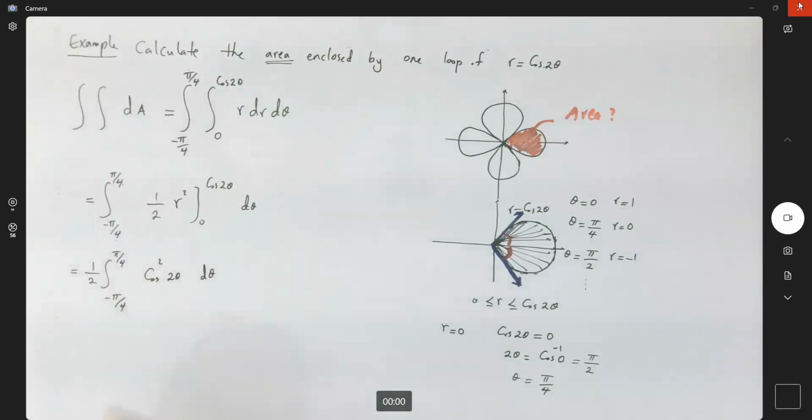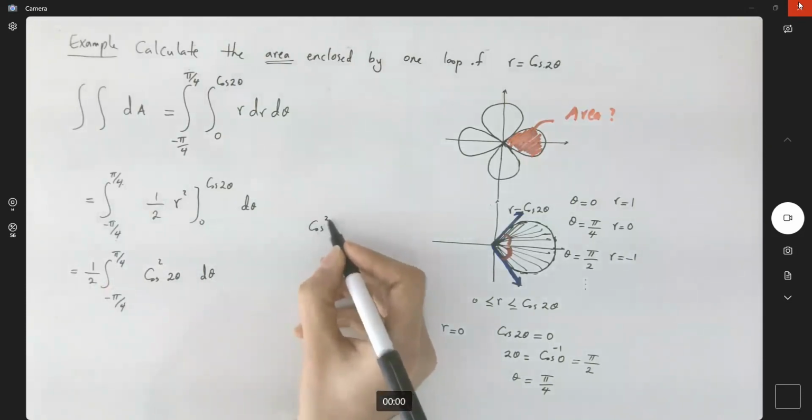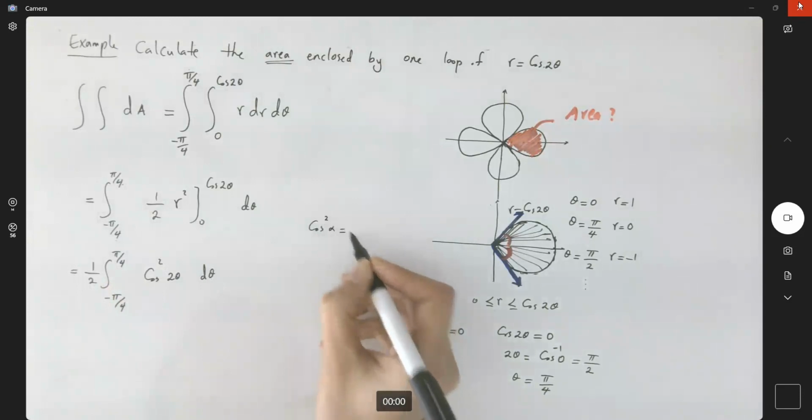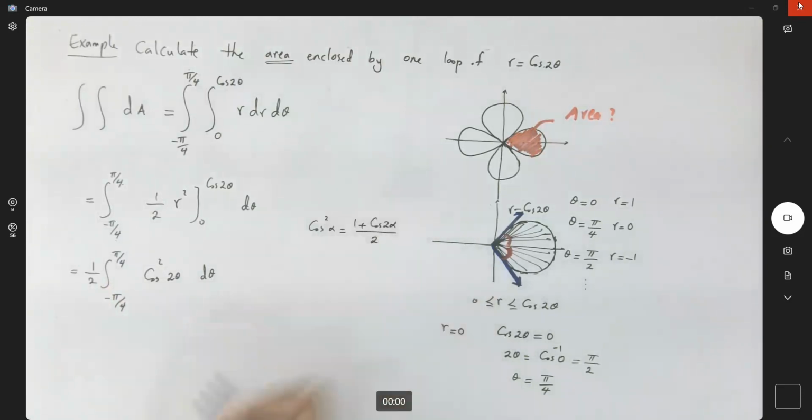We have to go back to pre-calculus and simplify this as much as we can. Cosine squared of, for example, alpha is equal to 1 plus cosine of 2 alpha divided by 2.